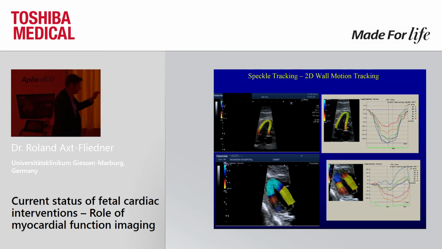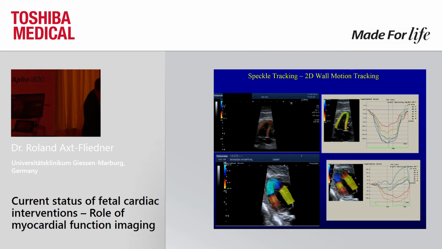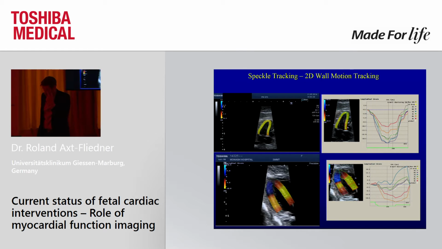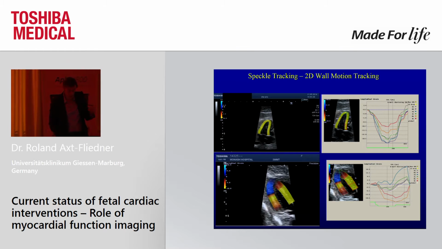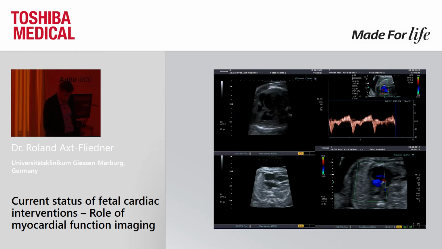And then after the occlusion of the foramen ovale and the sudden drop of inflow into the left ventricle, you see that the longitudinal strain of the apex regions has dropped dramatically, and shows a very different pattern of longitudinal strain.